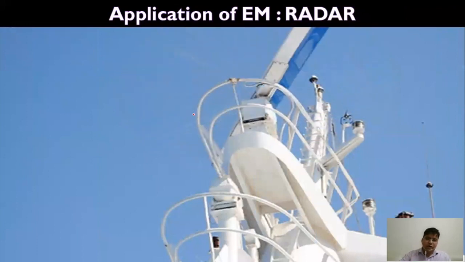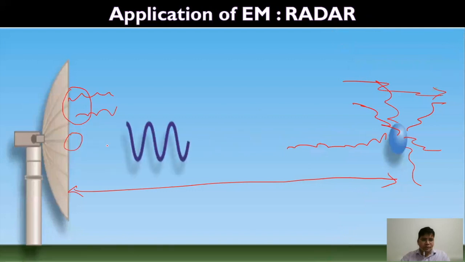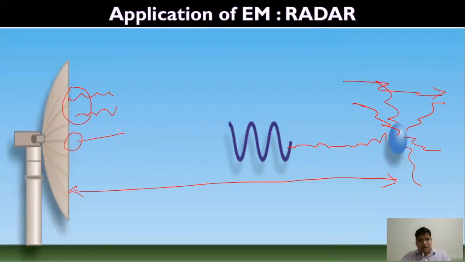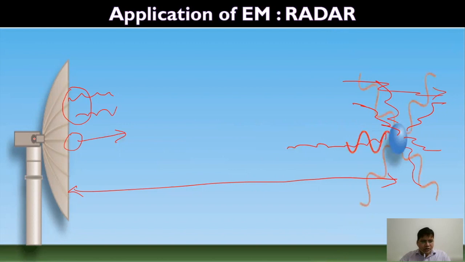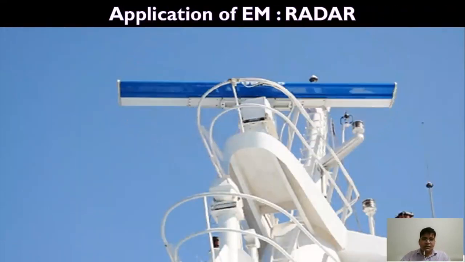In this figure you are observing that it is sending the signal in one direction only, but it rotates like this because a target may come from any side. So we use such radar antennas. It is sending the signals again and again.